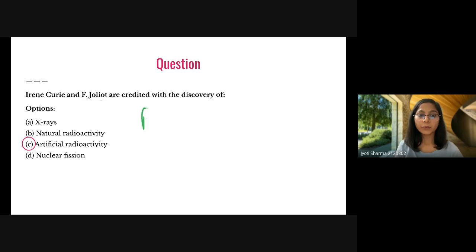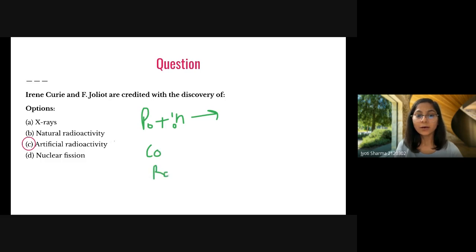If we are striking this element with a neutron, this is 0 and 1, then this will give you the decaying product. Okay, and they used a lot of elements, for example cobalt and radium.